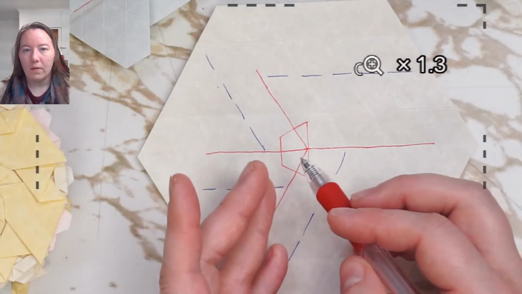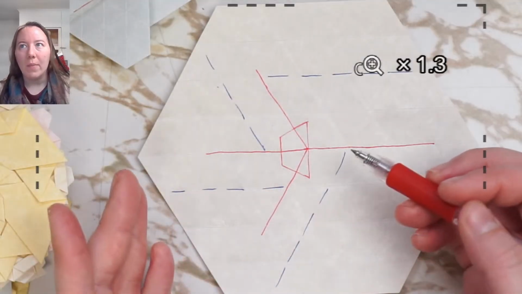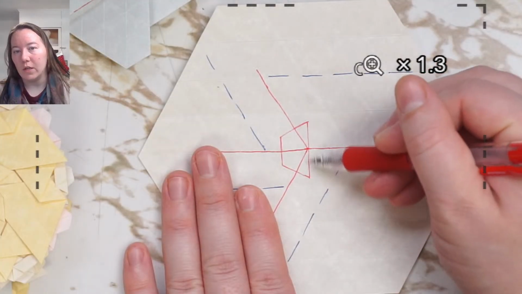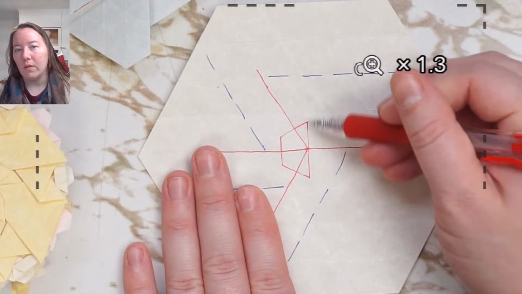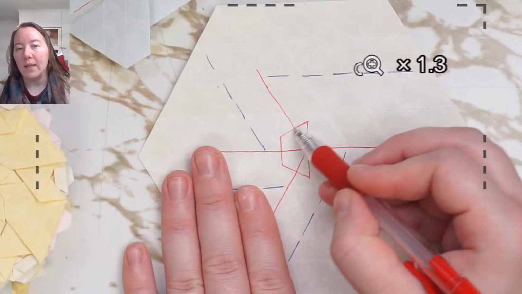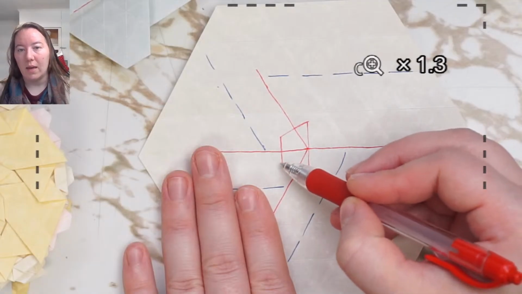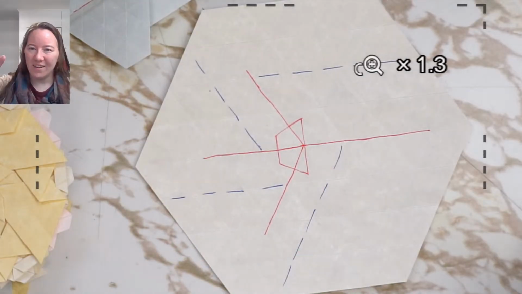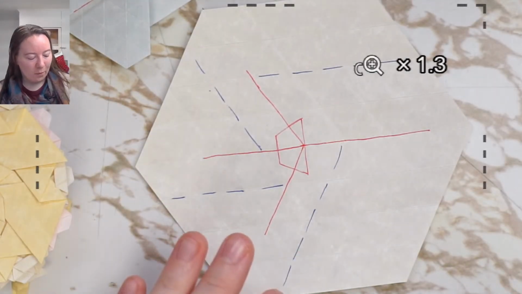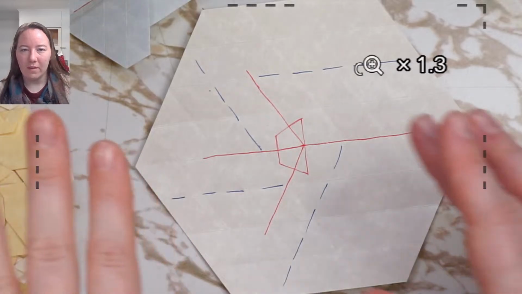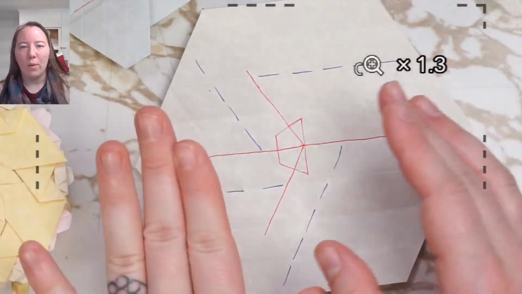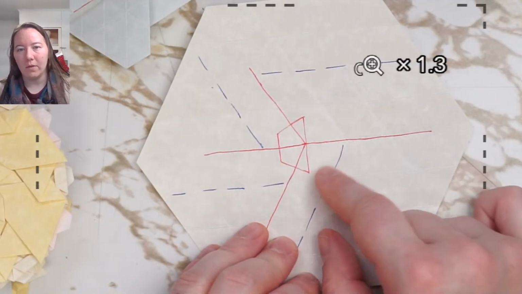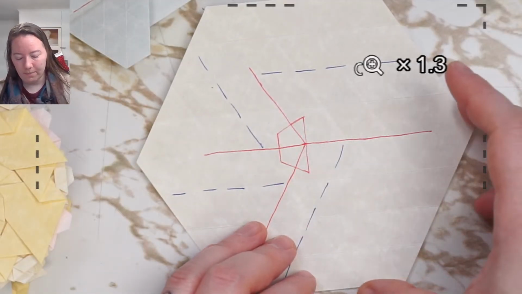So this is kind of mathematically what has to be true. You need twice as much contraction across this direction to balance out the contraction in these directions. That's maybe going a little too deep into the weeds for beginners, but this is what we're thinking about when I call this a trapezoid twist. I'm talking about the underlying tile.